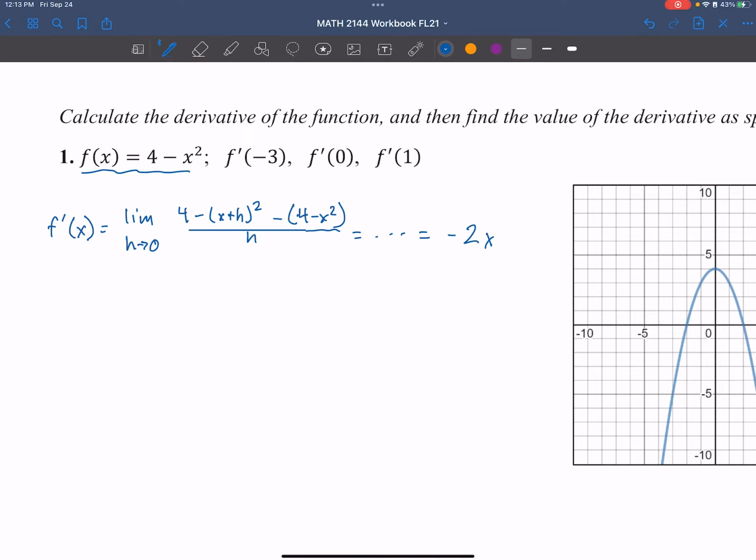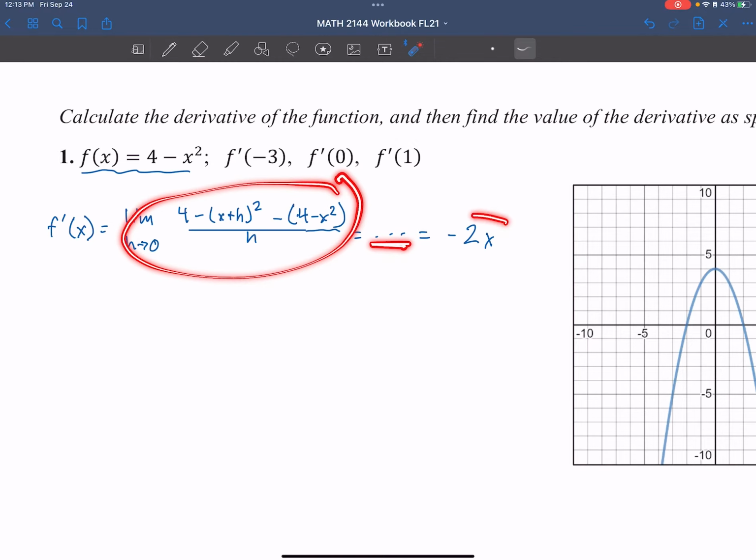That's why I want to get to the shortcuts before we leave class today. This is how we found the derivative last class. There's a series of steps, and when all is said and done you get minus 2x. There is a shortcut, which we will talk about before we get to the weekend. I will teach that so you can use it in your homework.